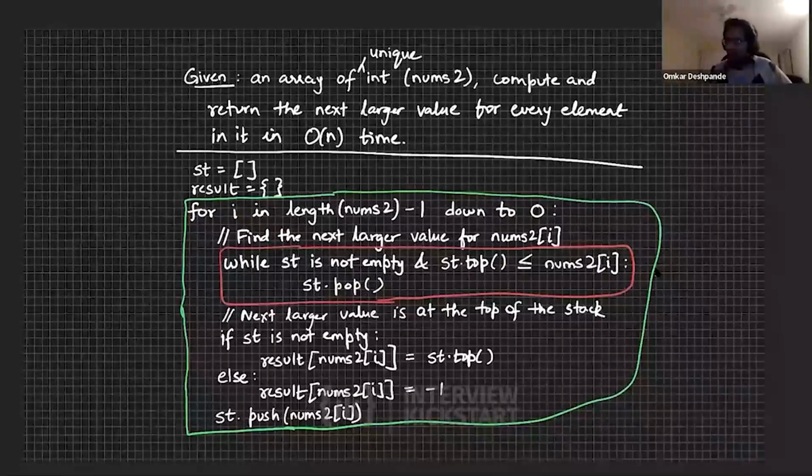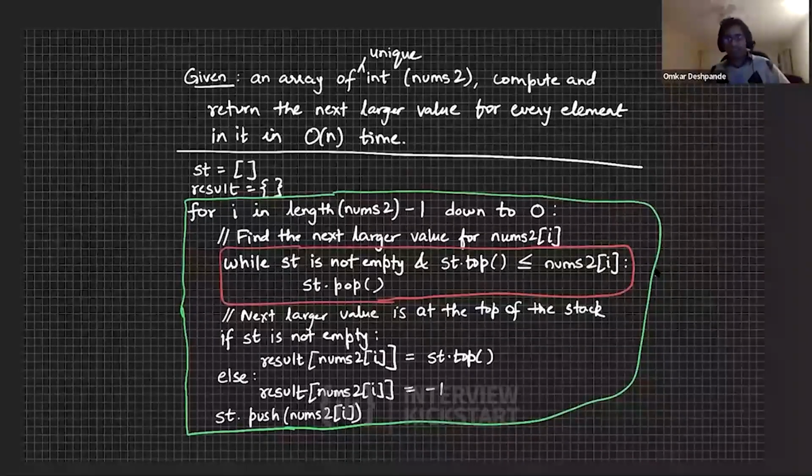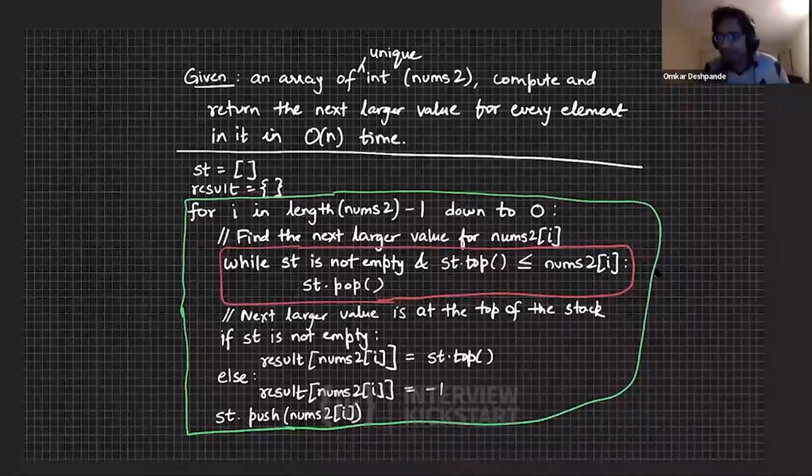So for the rightmost element, there won't exist a next larger value because there is no next value itself, right? There is no next value on the right side. Okay. Thank you. Next just means on the right side, previous means towards the left.